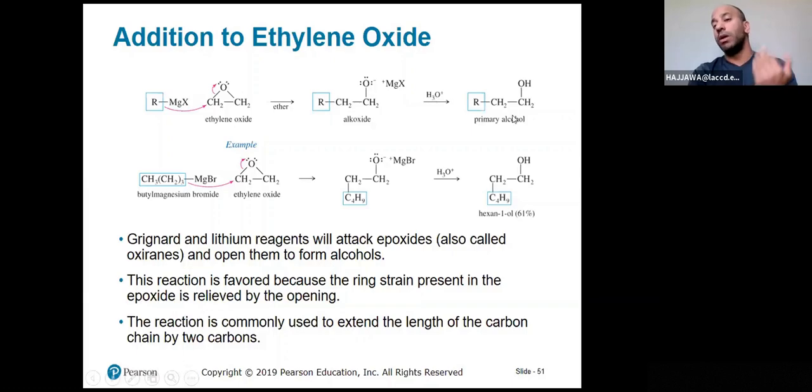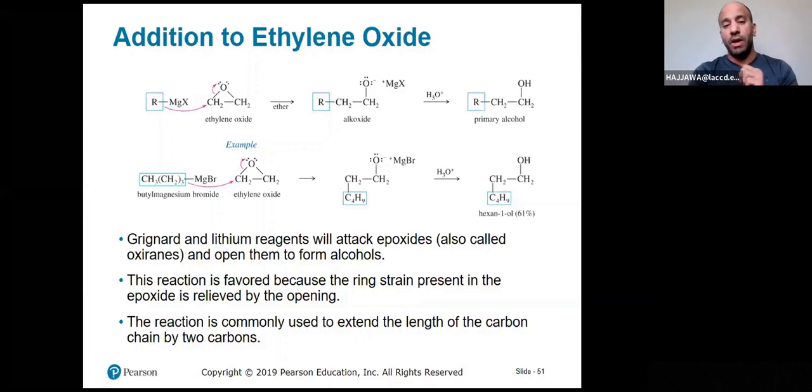Upon protonation, you get the primary alcohol. You always get a primary alcohol with ethylene oxide. Obviously, I may have a substituted carbon, which will change the outcome of the alcohol structure.